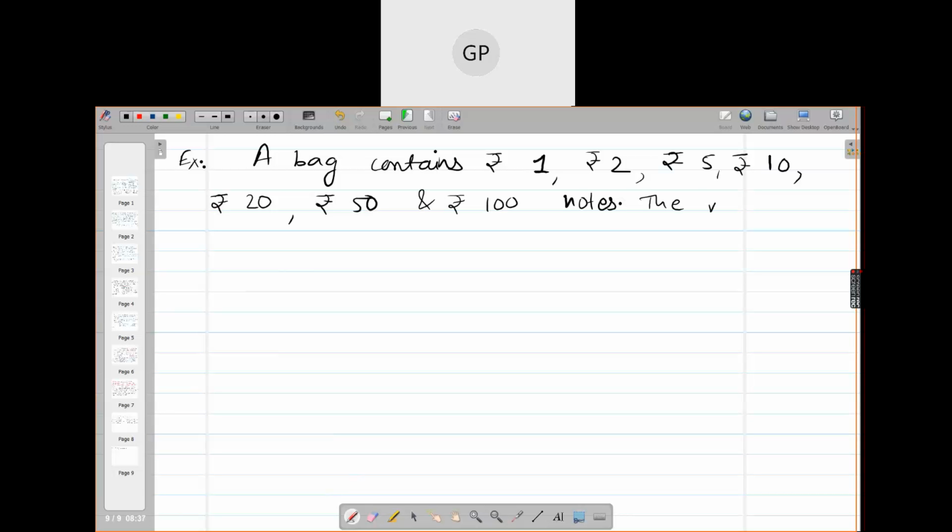The notes of each denomination being more than or equal to 5.